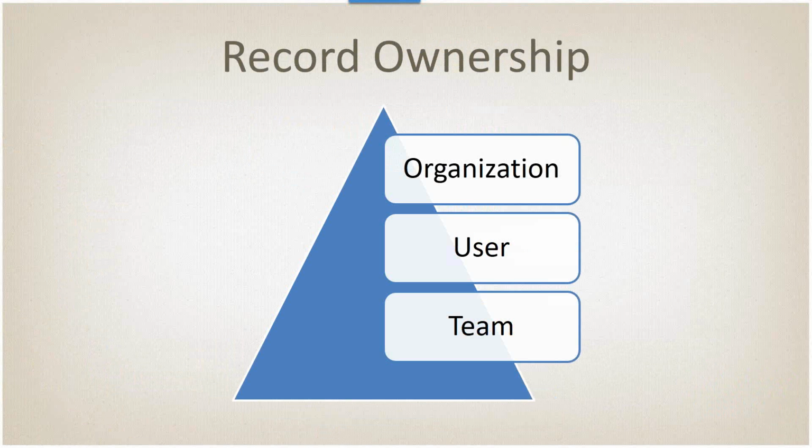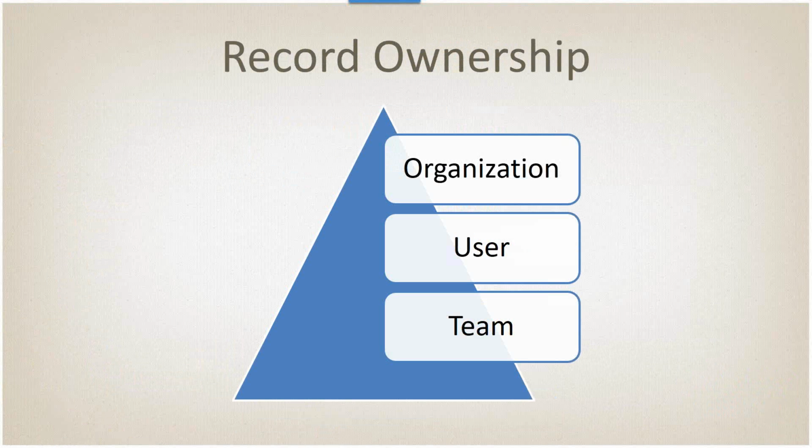So record ownership. Records can be owned by the organization, by users, or by teams, the last two being a kind of singular unit within the system. This is done at the time of creation. It cannot be changed, of course, and as you know, much of the data within Dynamics 365 itself is user or team owned, strictly because of the granularity that they like to have.